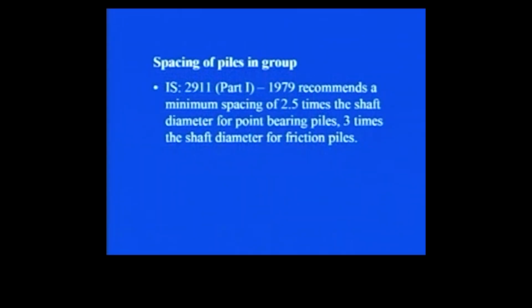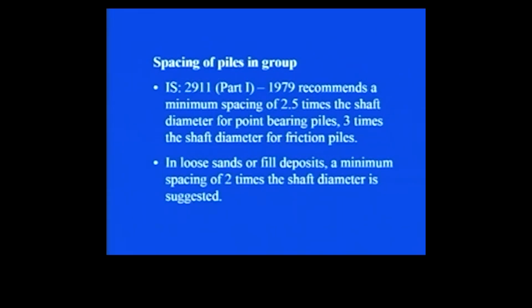So, if the pile is going to behave as a point bearing pile, the minimum center to center spacing between two piles should be 2.5 times the shaft diameter. If a pile of diameter equal to 1 meter is to be installed, then the minimum spacing between two piles should be 2.5 meters in case of point bearing piles, and 3 meters in case of friction piles.